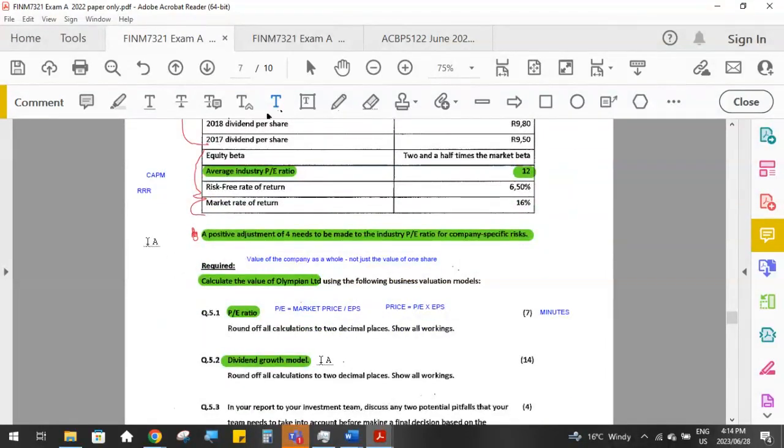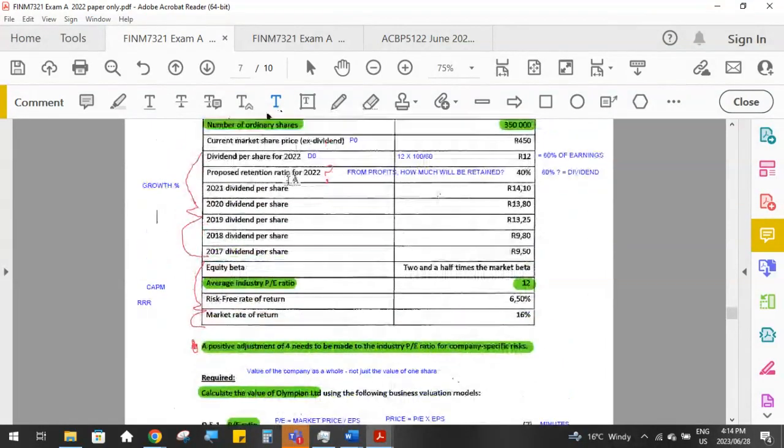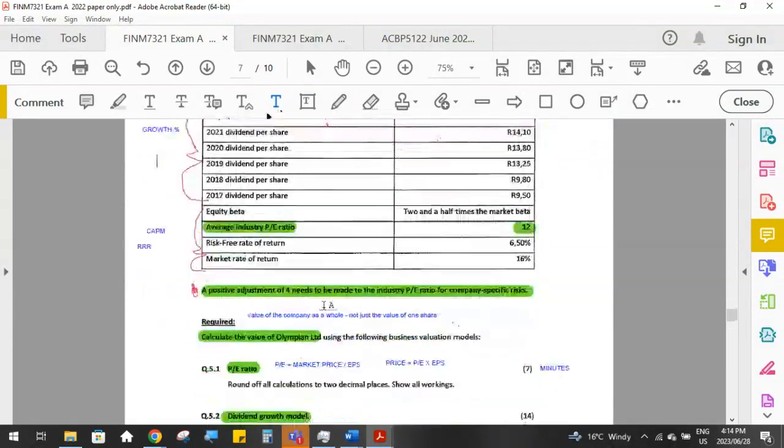So we're going to the dividend growth model. So I've got nothing here about an initial growth percentage and a terminal growth percentage.